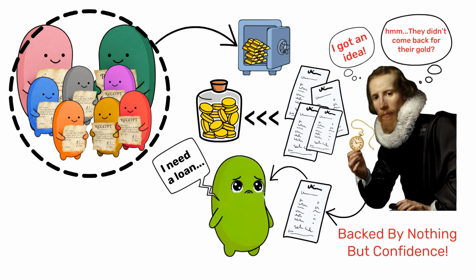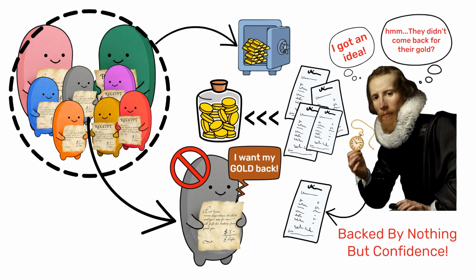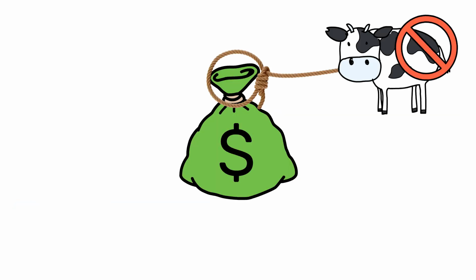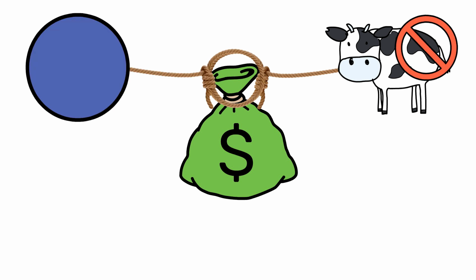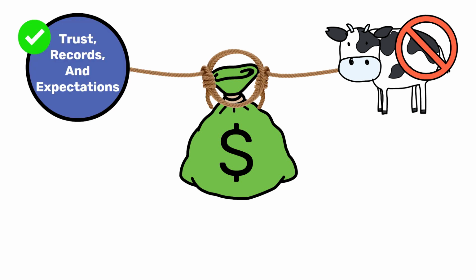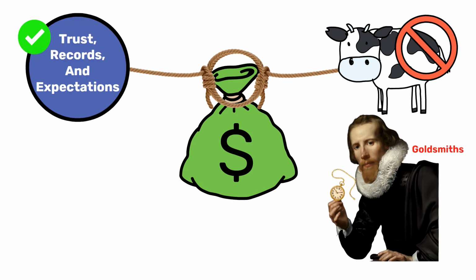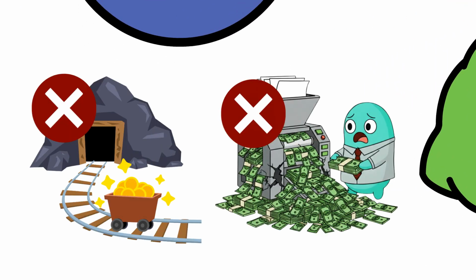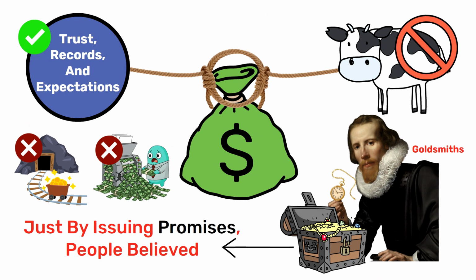As long as everyone doesn't show up demanding their gold at the same time, the system works. This is the moment money stops being tied to physical objects and starts being tied to trust, records, and expectations. The goldsmiths created wealth out of nothing for the very first time. Not by mining, not by printing, just by issuing promises that people believed.